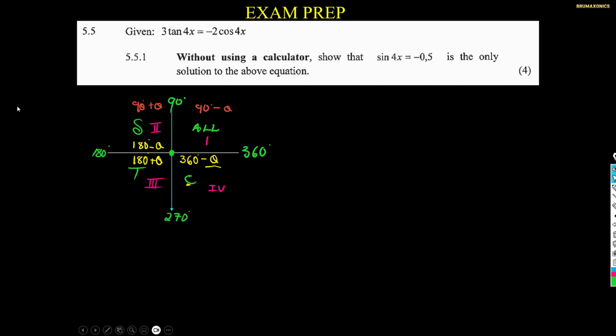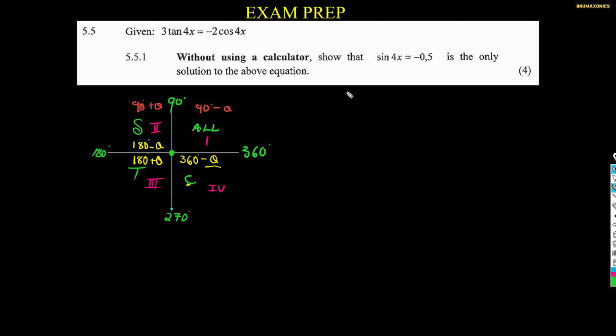so now we are going to look at 5.5.1. Okay, so they're saying that without using a calculator, show that sine 4x is equal to negative 0.5, right? It's actually the only solution for the above. So let's go and try this particular question and see how we can be able to solve it.